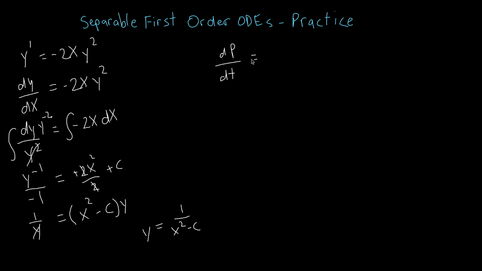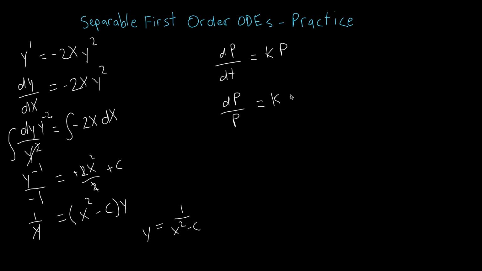equals k, which is a constant, times p. So the rate of change of growth is some constant times whatever the population is at that time. So we need to multiply the dt over and divide the p over to get the variables on their own side.